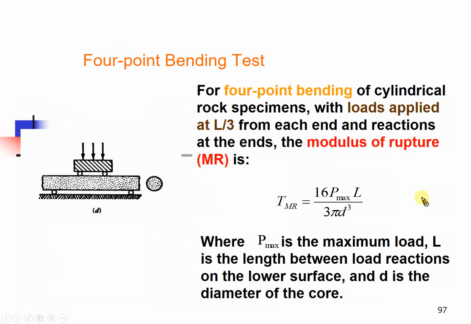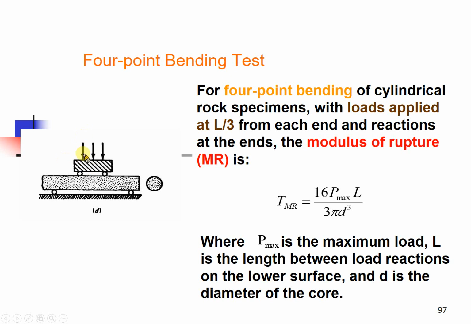As alternatives, we have two very important indirect tension tests, or tensile strength tests. This is the so-called four-point bending test.